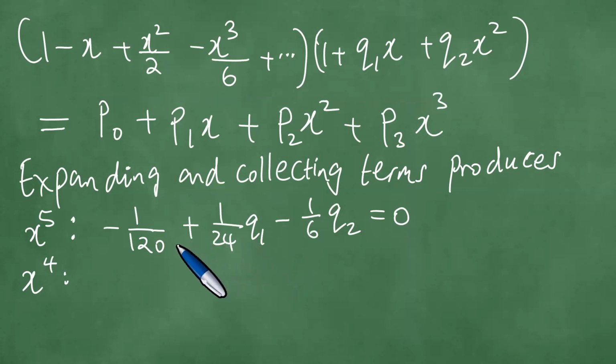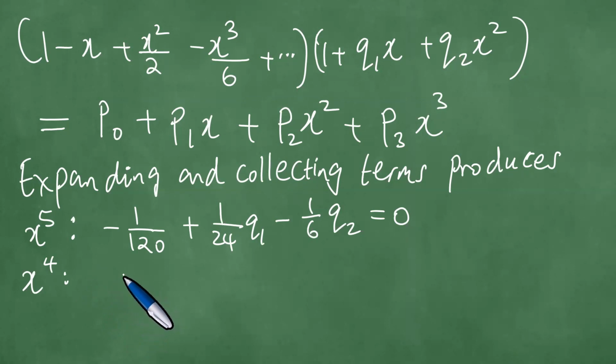But x to the fifth power is also going to arise if you multiply this one with the x to the fifth power because it's cubed here. This goes on. And then you're going to have the minus 120. But also, x to the fourth power is going to arise how?